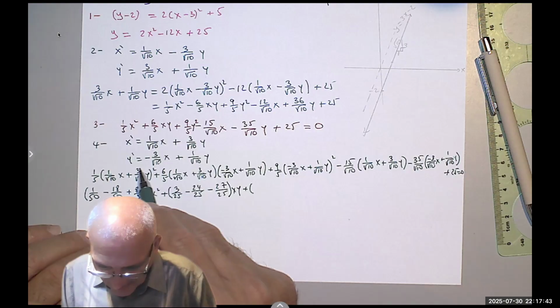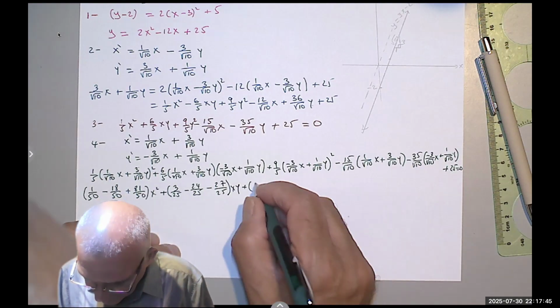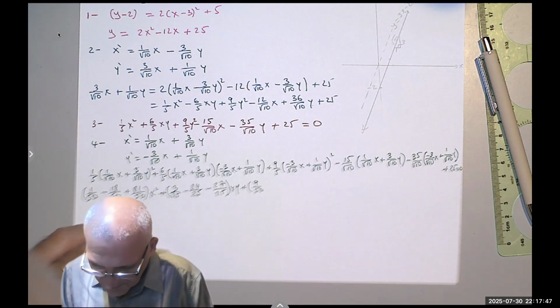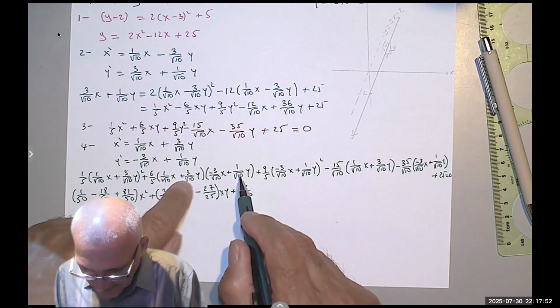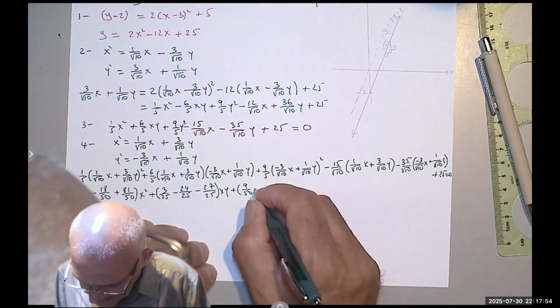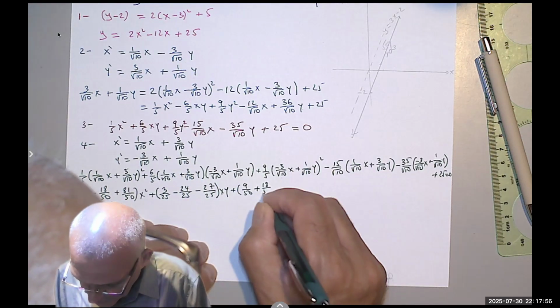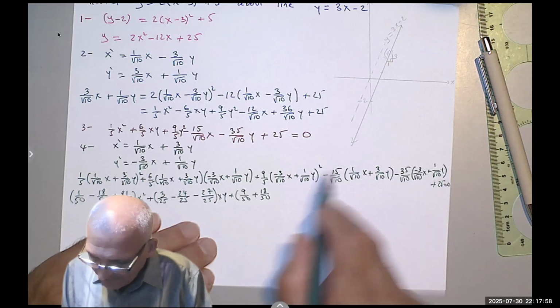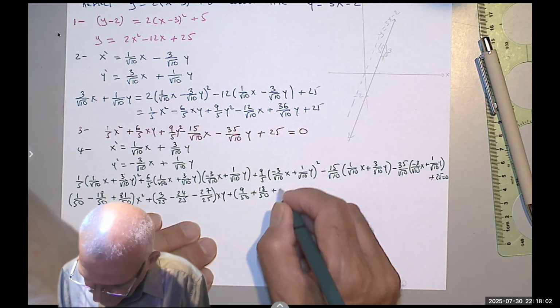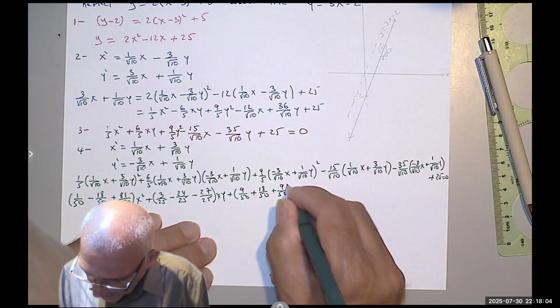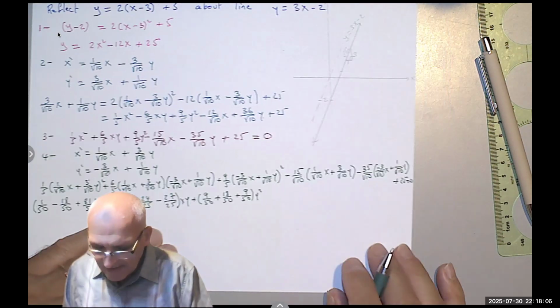I have 9/10 times 5, so 9 over 50. Here I multiply this by that, I get 3 over 10 times 6 over 5, so plus 18 over 50. Again, I'm not going to simplify. And finally, I have 1/10 times 9/5 is 9 over 50 y squared.